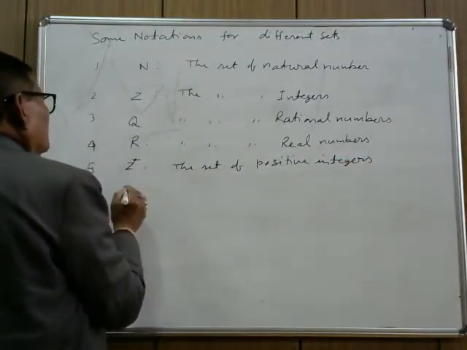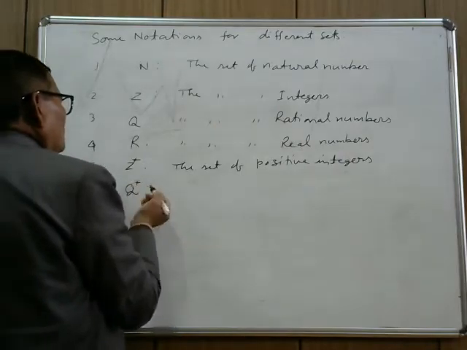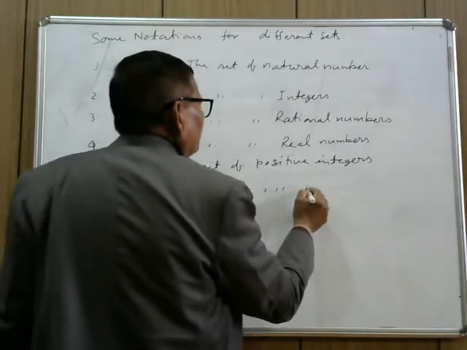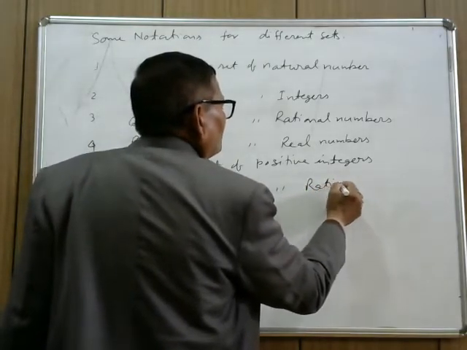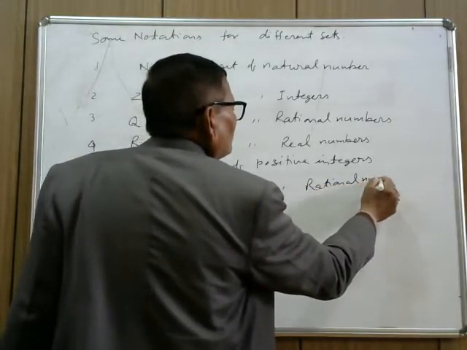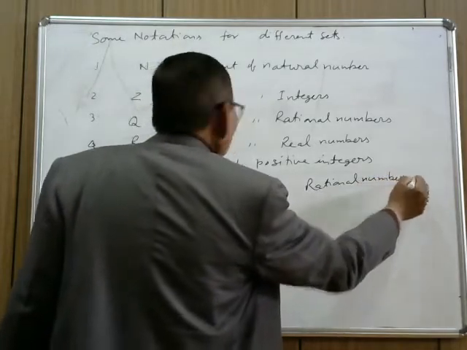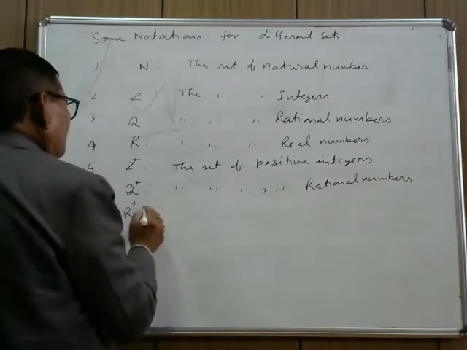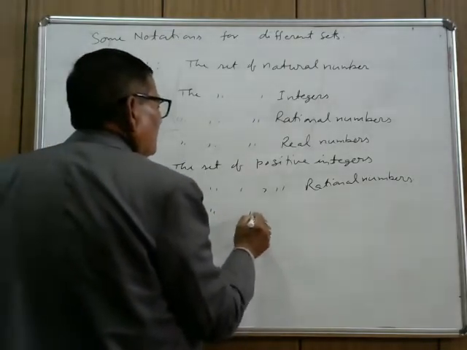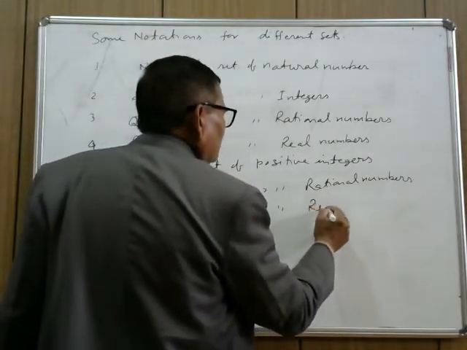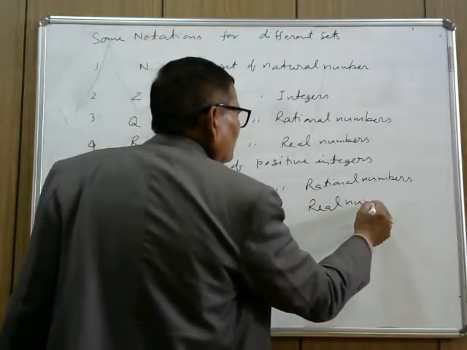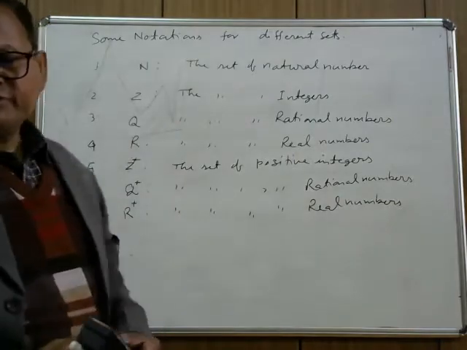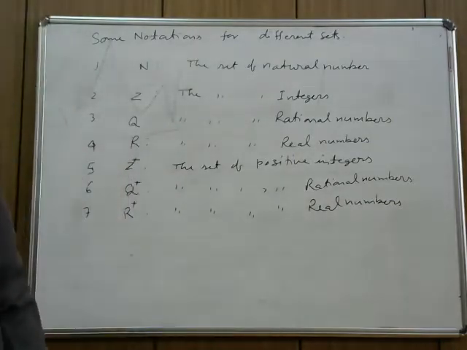Sixth, Q plus, the set of positive rational numbers. Seventh, R plus, the set of positive real numbers. These are some notations to denote the different sets.